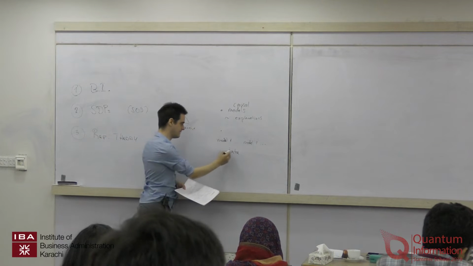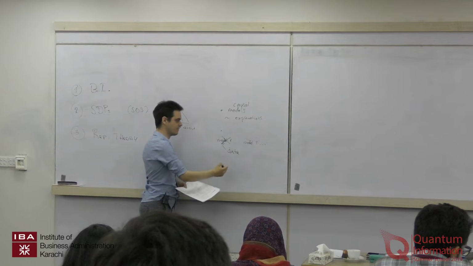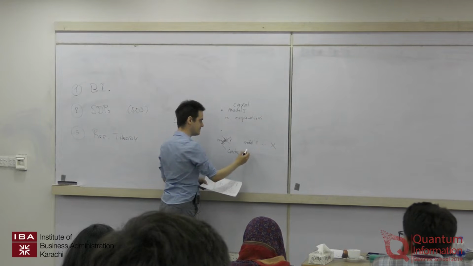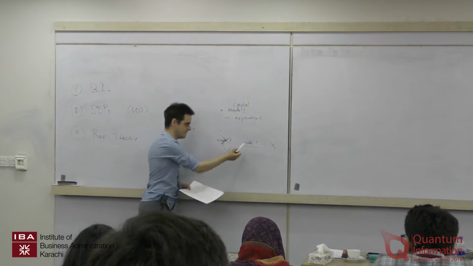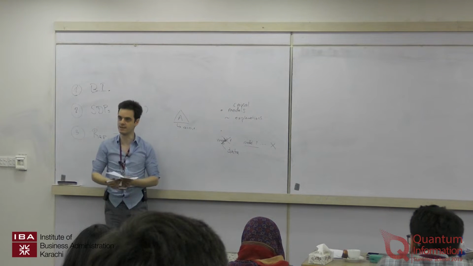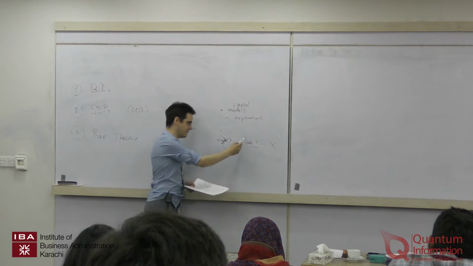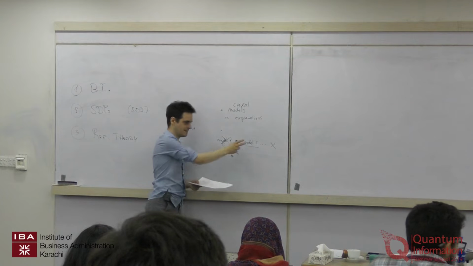What we can say is that this data is not compatible with this model and maybe not compatible with this model. So what remains, or one possible explanation, is this one. On that class of models, the only thing that fits the data is this explanation.